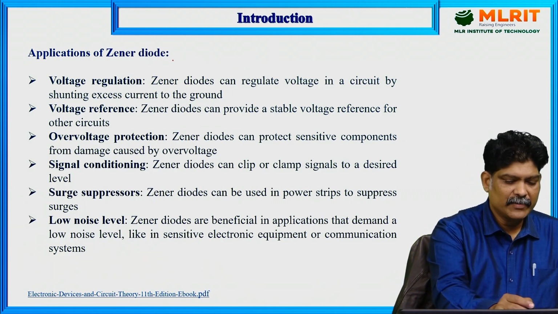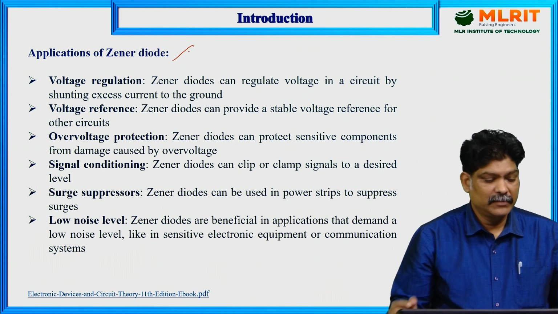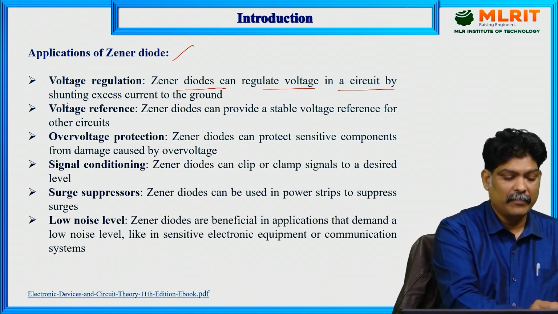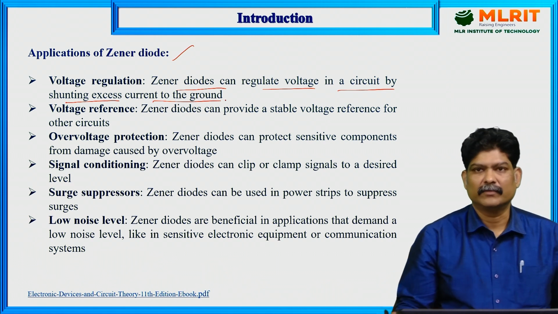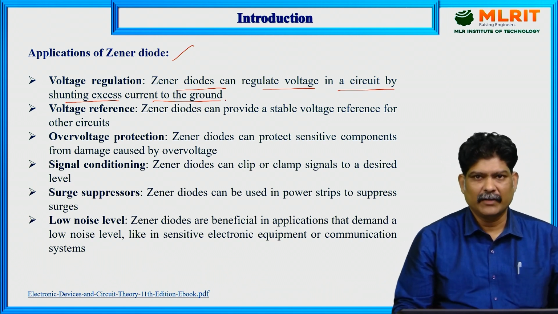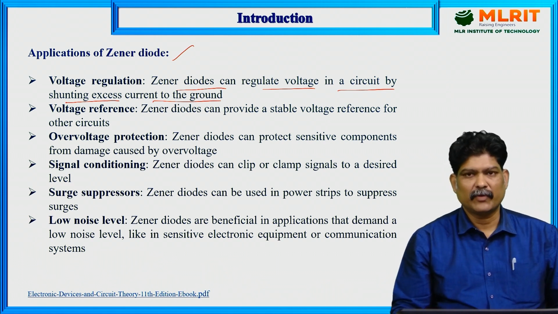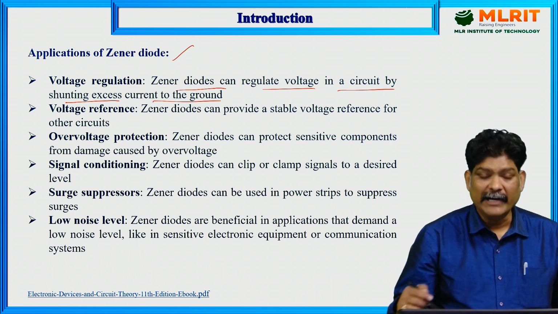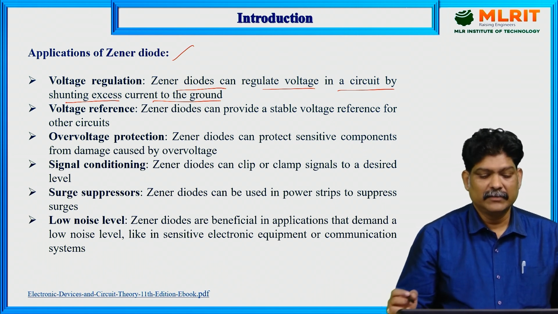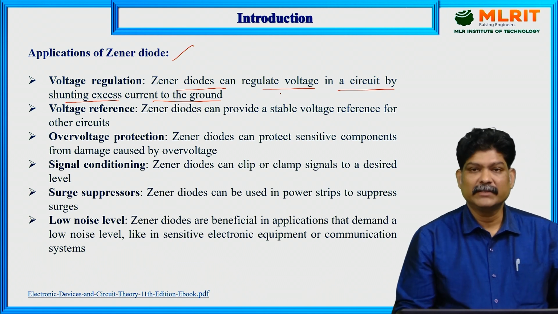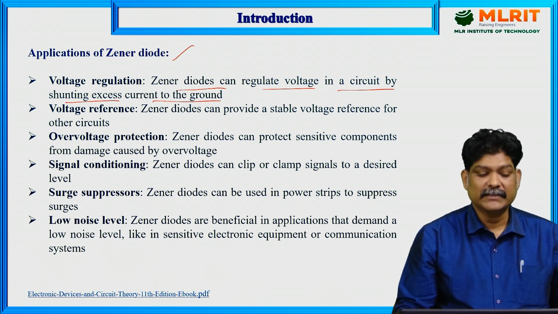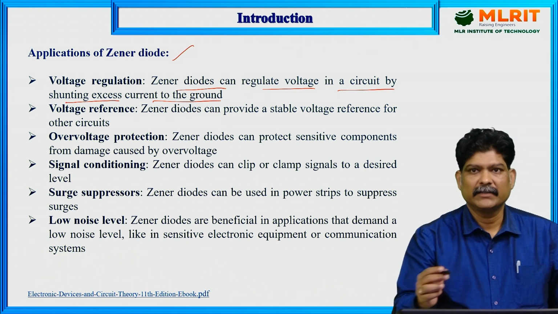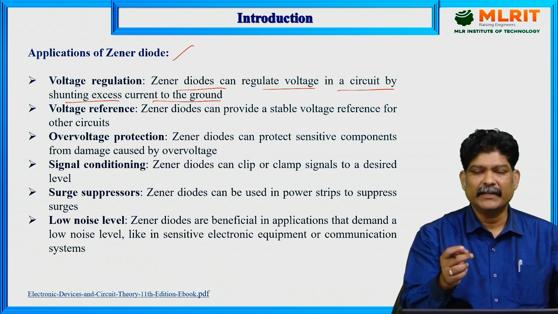Applications of Zener diode. Voltage regulation. Zener diodes can regulate voltage in a circuit by shunting excess current to the ground. This is the best advantage of the Zener diode, because the basic function of a Zener diode is that it maintains a constant output.